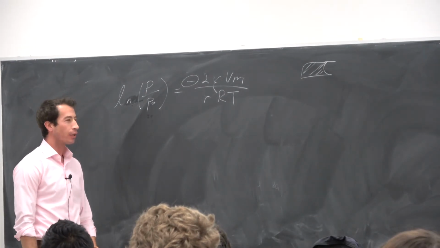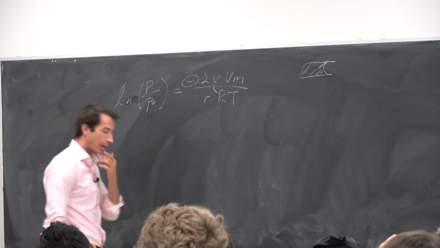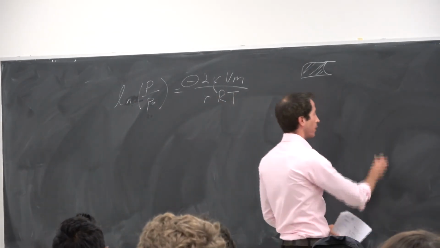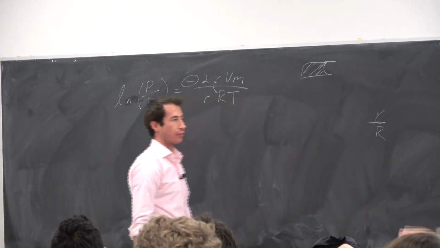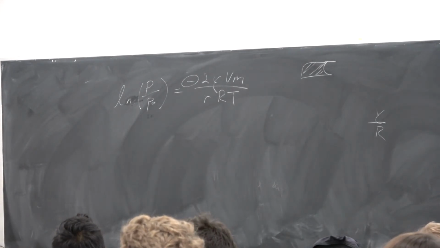If you go all the way back to that original expression, in that situation it was just gamma over R, right, for a cylinder.